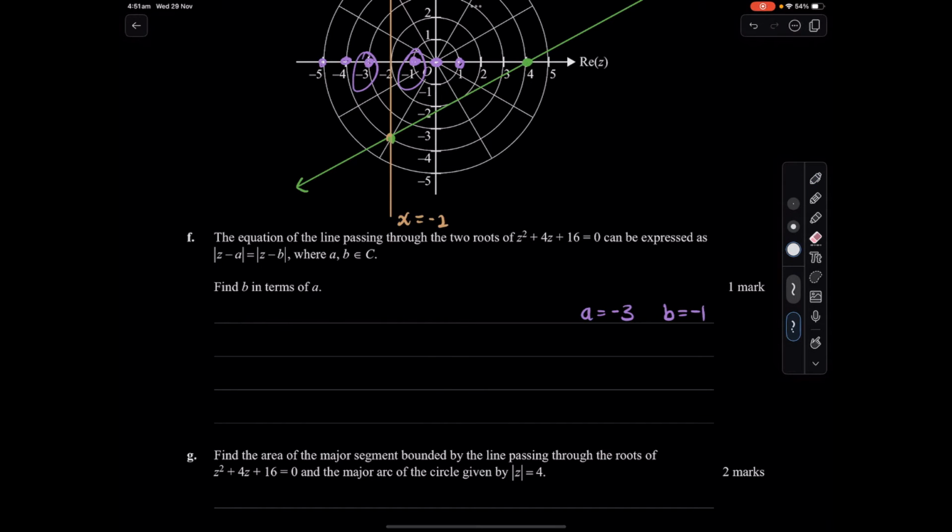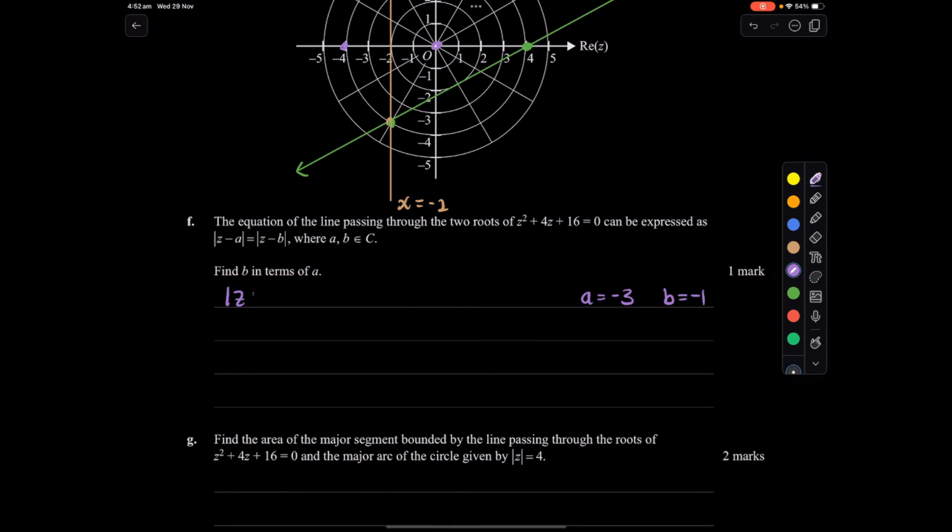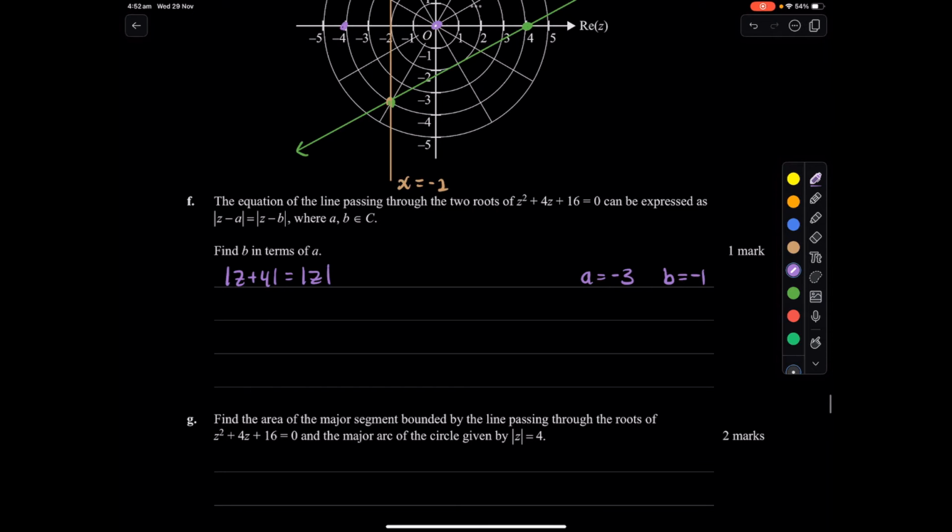Let's try the other one. The next case we'll try is 0 and negative 4. To write that, z plus 4, which is just z. So it means that when b is 0, a is actually negative 4. Okay.